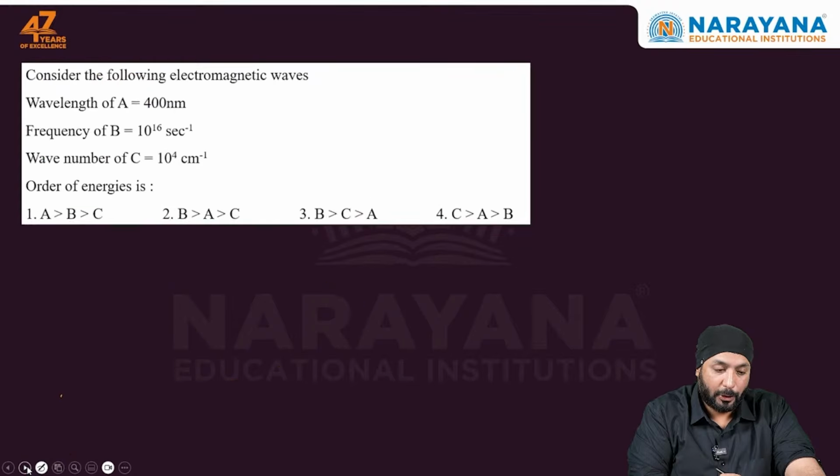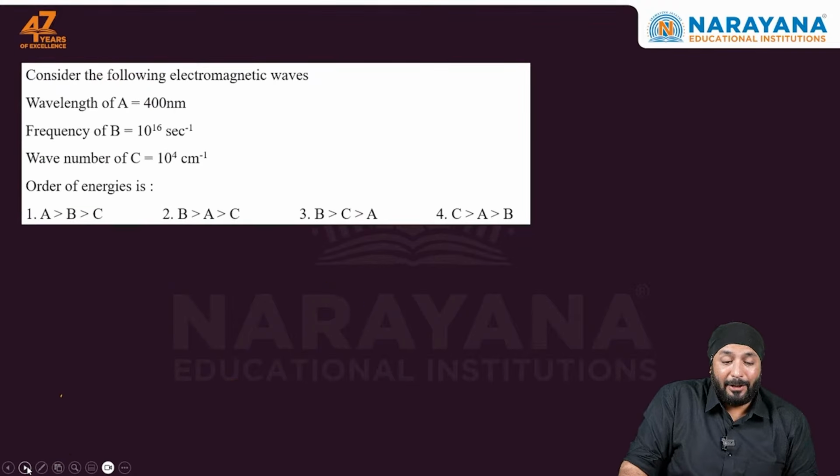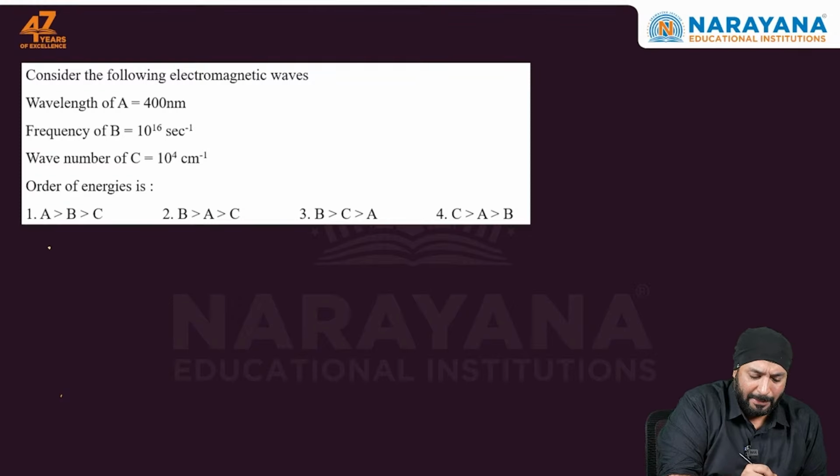In question number 2, they have given: consider the following electromagnetic waves. So this question came from atomic structure, right. They have given various wavelengths, like here they have given various waves. They said wavelength of A is equal to 400 nanometer.